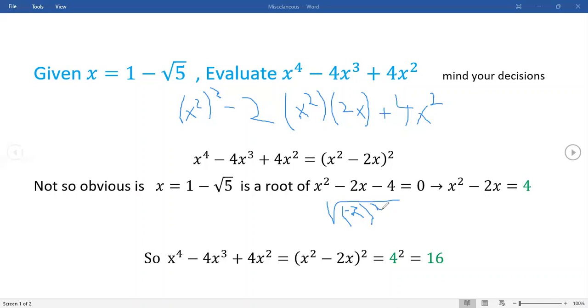Okay, and then you'll get minus 4. This is the minus 4ac piece, and there's an understood 1 right here, right?